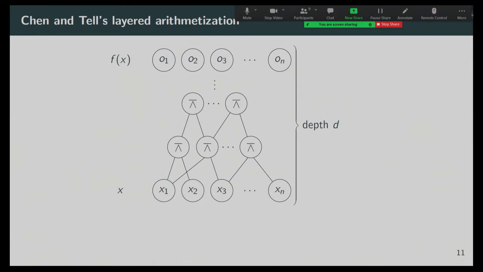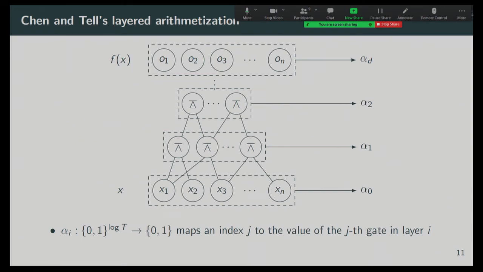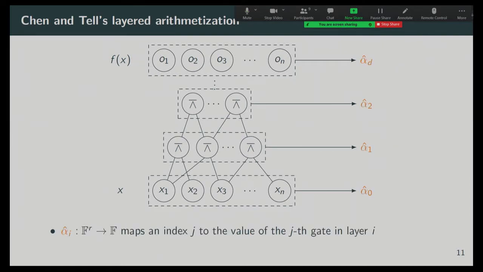So first thing we do is we consider these functions alpha that map an index j to the value of the jth gate in a particular layer. And this is for a particular input x. So for a particular input x in the circuit, we define these functions, and then take a low degree extension of these so that we can use all of these nice properties that polynomials have.